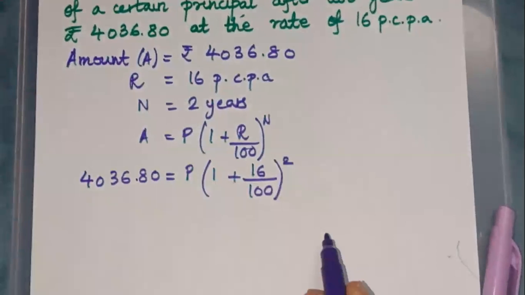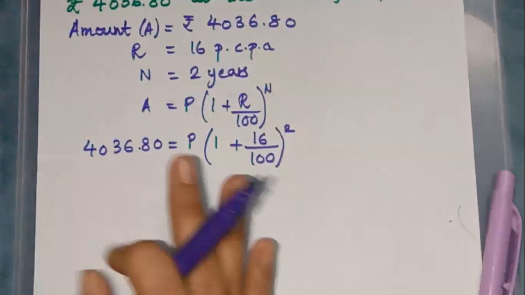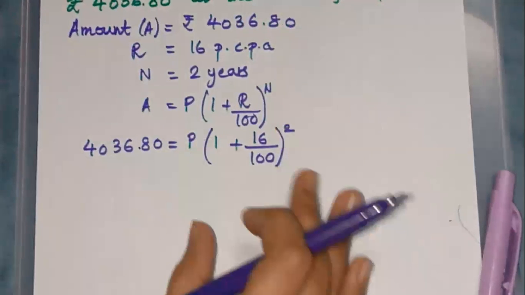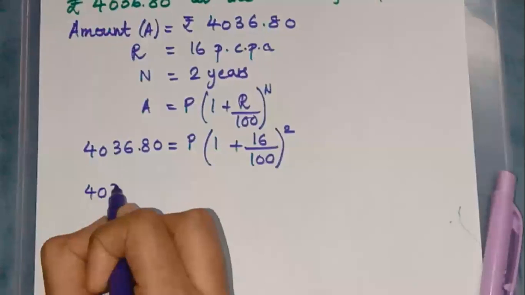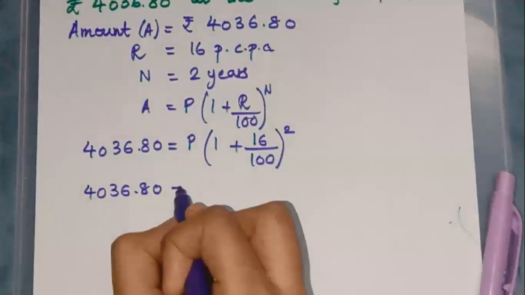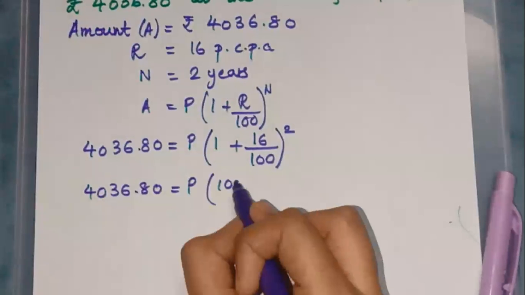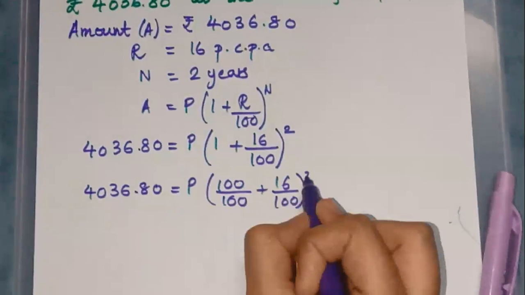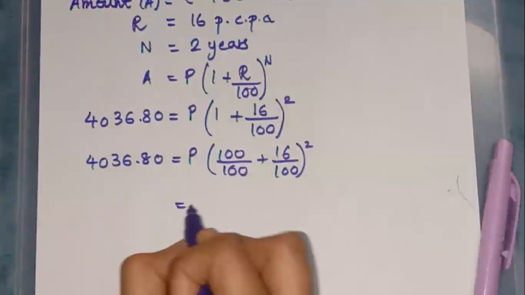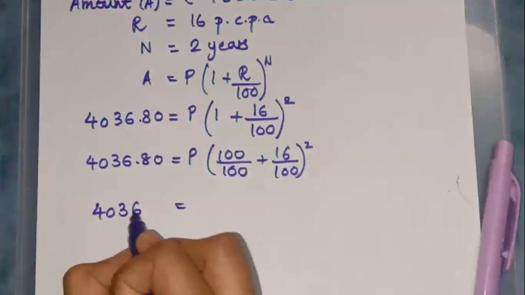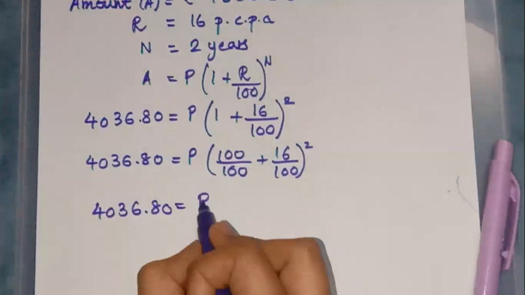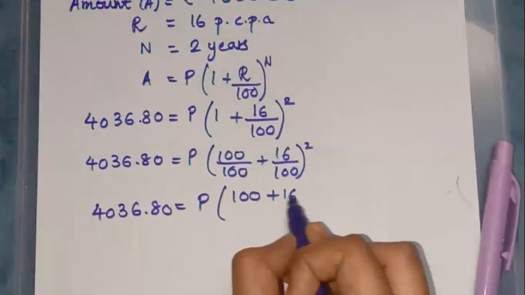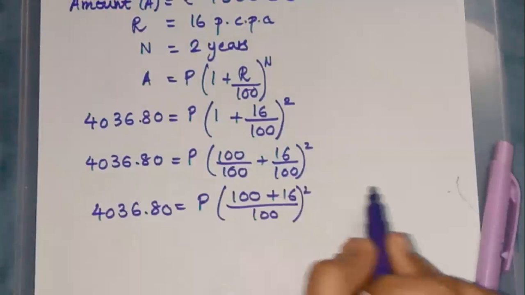So here girls, we are not going to touch our left hand side until we complete our right side. We always start with our brackets. So this number is going to be written as it is. You have the principal and this becomes 100 upon 100 plus 16 upon 100. Why? Because we are making the denominators equal. Now again we are writing the same number and in the brackets we are writing 100 plus 16 upon 100, the whole square.